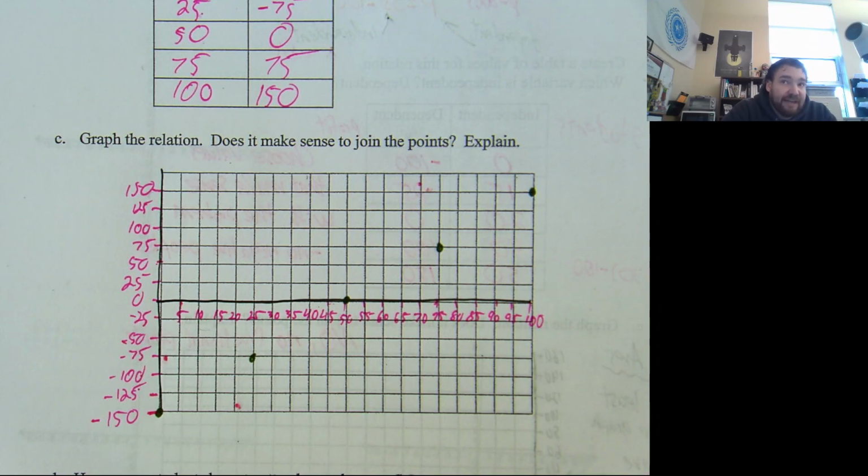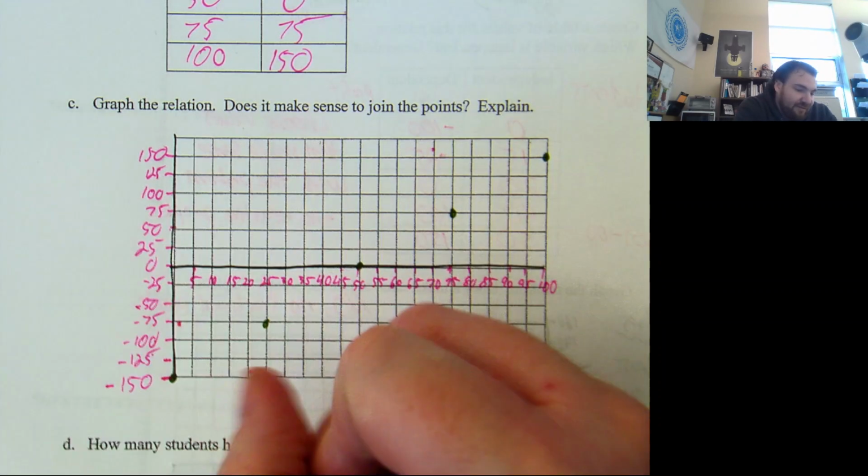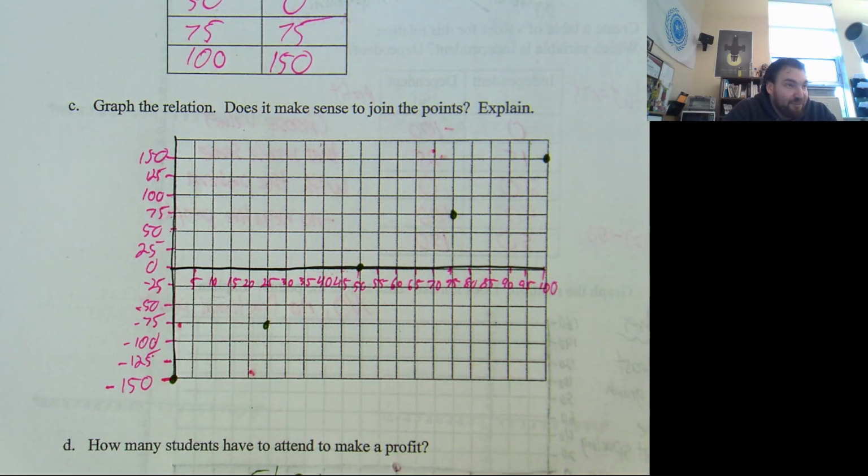And now, based on our data, we can answer the bottom question. How many students have to attend to make a profit? Gershon, you said 51. Well, 50 is your break-even point. There's one 4-letter word I'd add here.